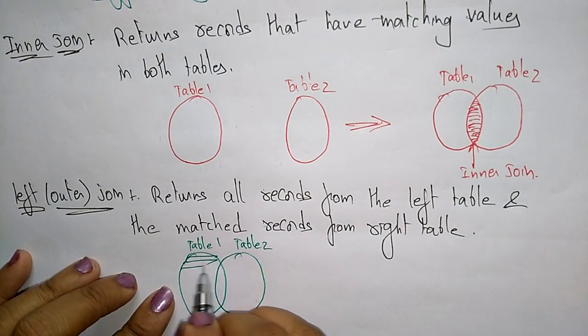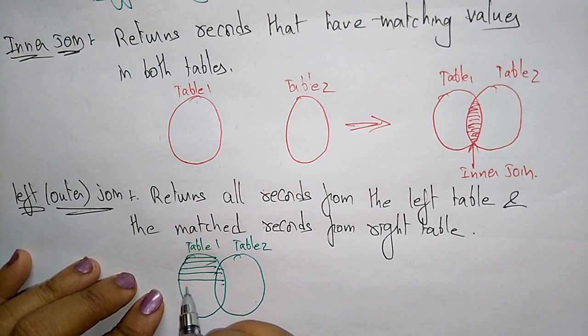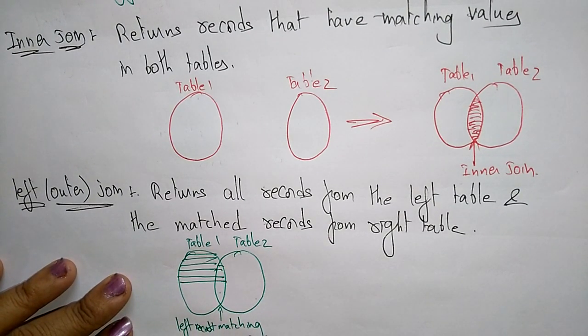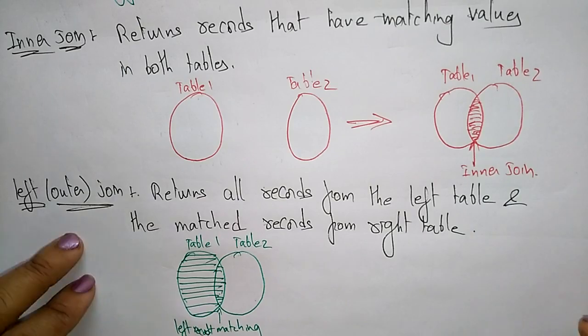It returns all the records from the left table along with the matched ones. So this is matching. Matching plus left records. So matching records along with the left records will be returned. So this you call a left outer join.